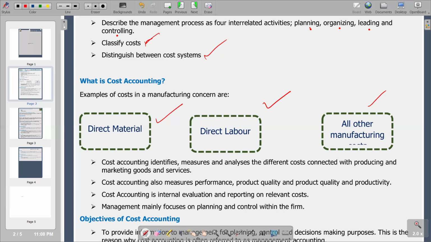That's direct material. Then when we look at direct labor, this involves wages and salaries paid to employees who are directly involved in producing goods or providing services. Those workers that are directly involved in producing that product are direct labor.